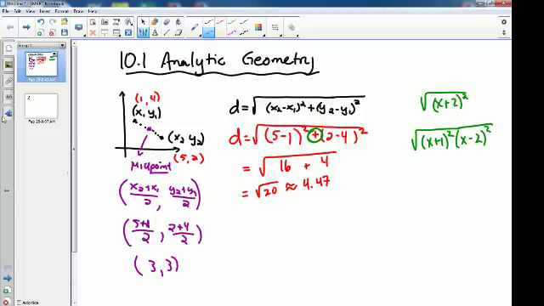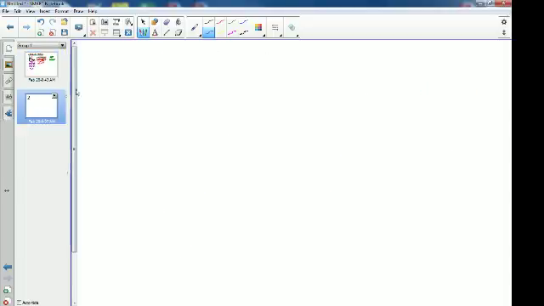If I ask you, we have triangles: scalene, obtuse, isosceles, or equilateral. Those are all only based on side length, right?